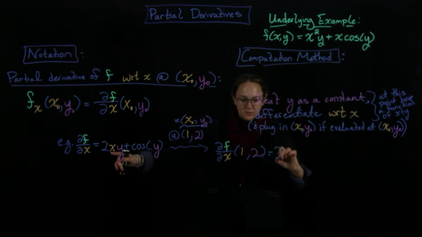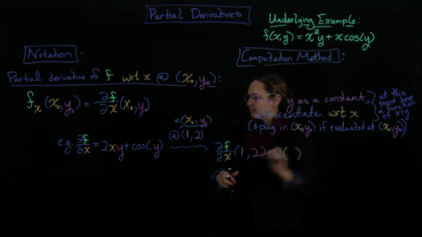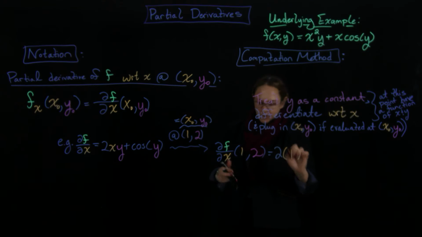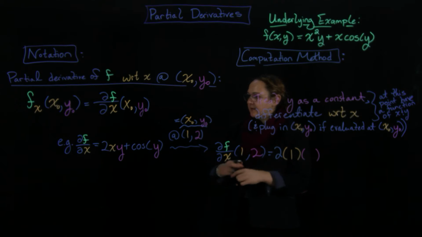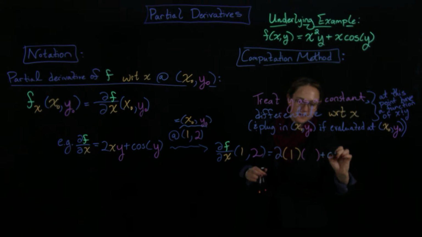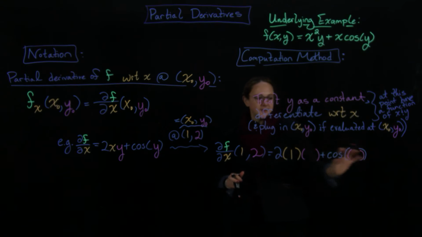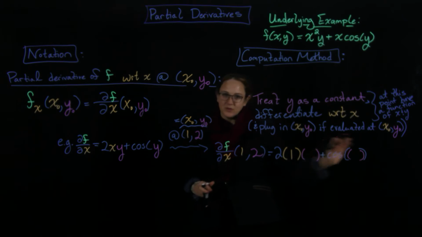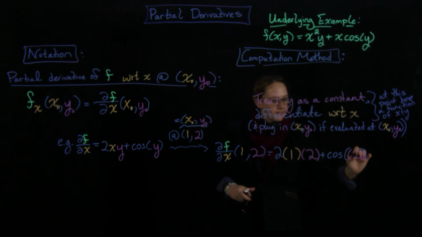So we have 2, and then this is where we get to put in our 1. And then we've got parentheses here that we're going to have to fill, and then cosine of, and then parentheses, maybe it's a little bit overboard on parentheses, but it gives the idea that these are both places where you put in your y. So now we can put our y into those like that.